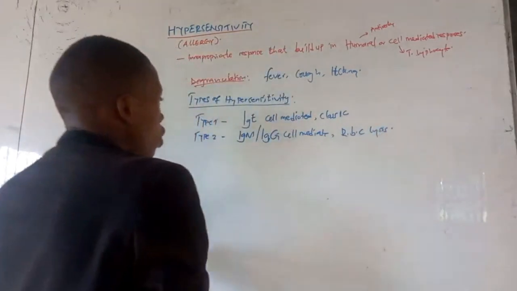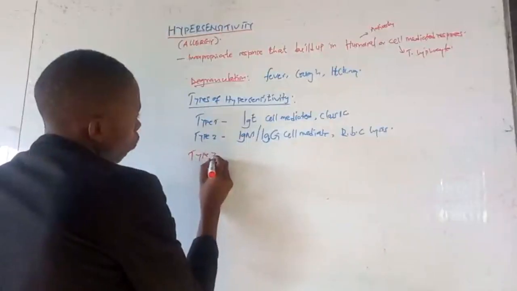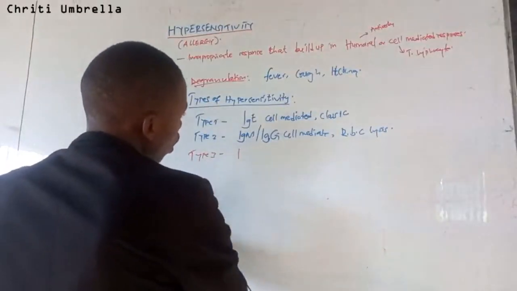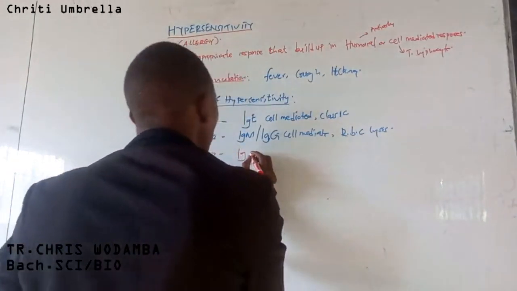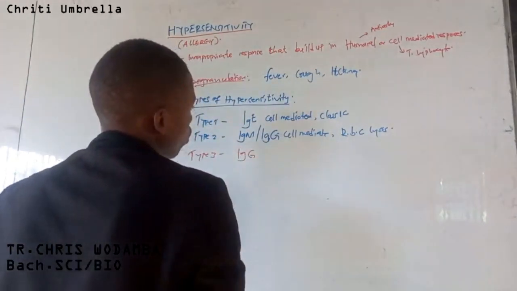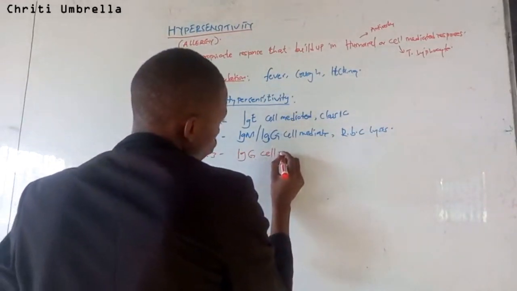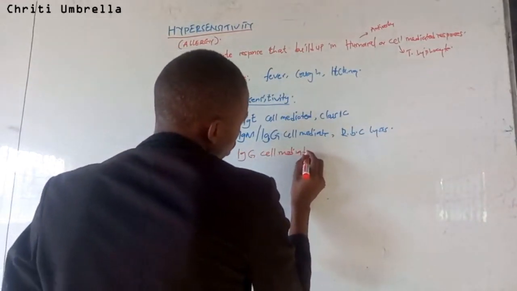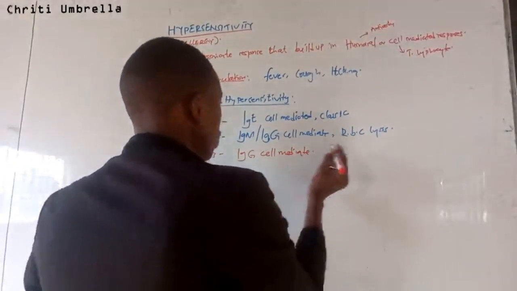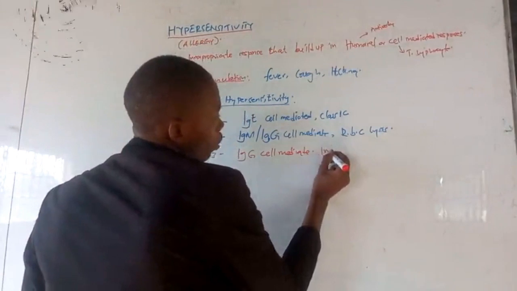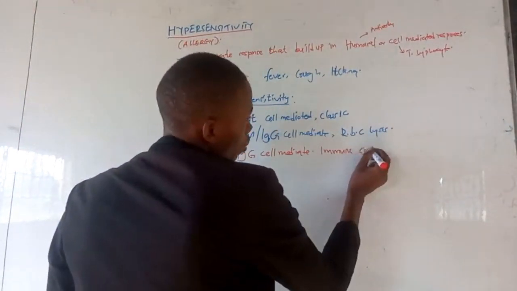The next one we shall look at is type 3, which is immunoglobulin G, also cell-mediated, and we call it immune complex disease.